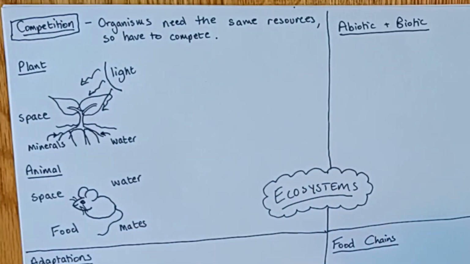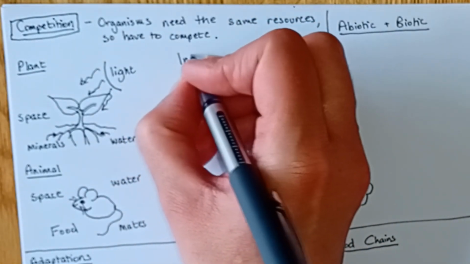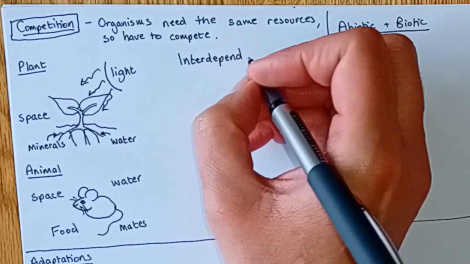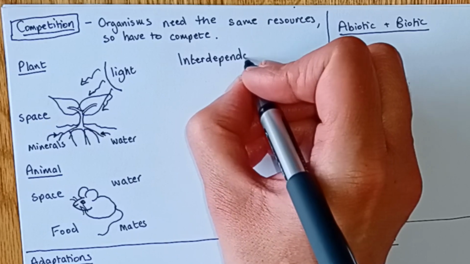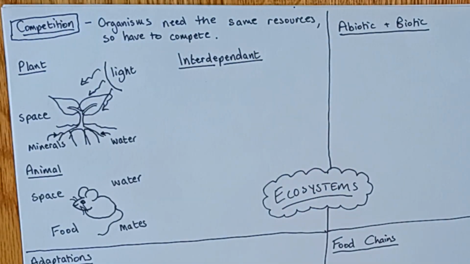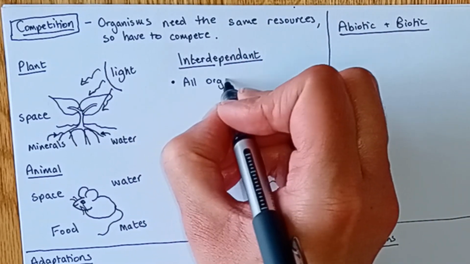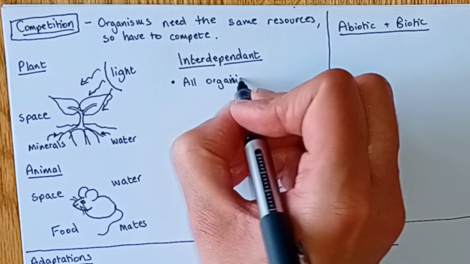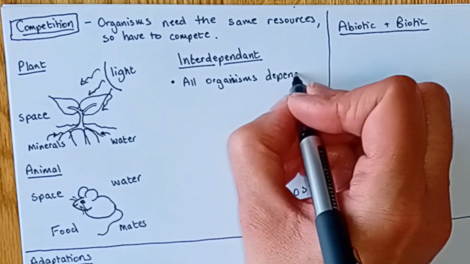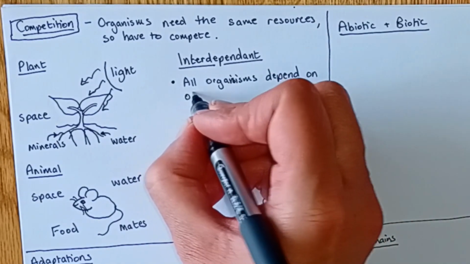All organisms then that are in competition are also therefore in interdependence, or interdependent. All organisms depend on other species.